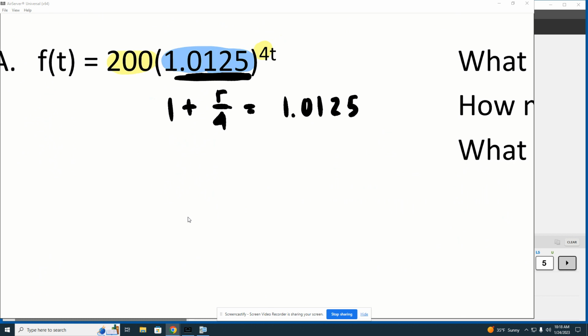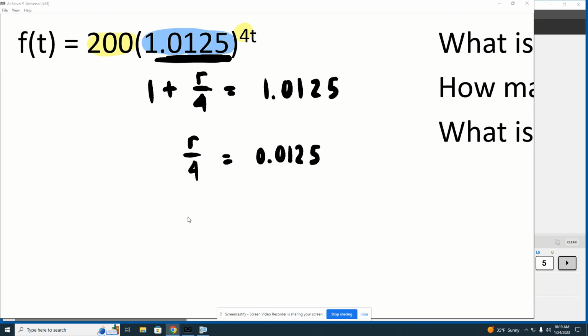How do I solve for R? What's the first thing I need to move? I need to subtract that 1, don't I? So R divided by 4 will equal, what is 1.0125 minus 1? 0.0125. And guys, what's the last thing I do to solve for R?